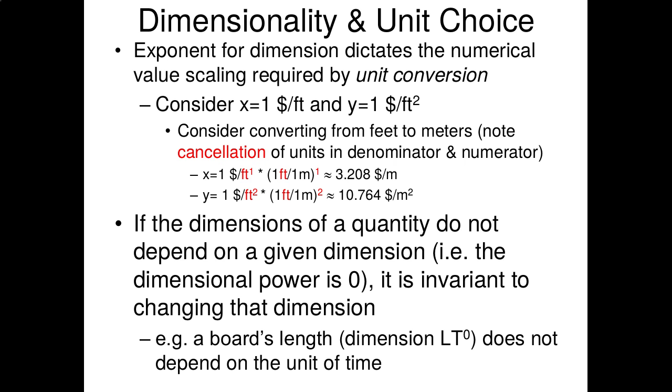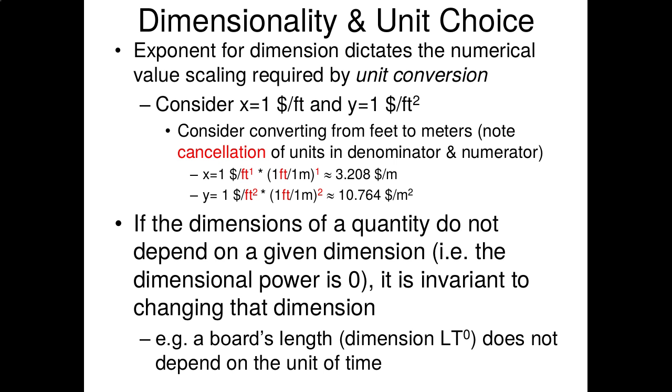This 2 up here, this 2 in the exponent, reflects the fact that this is associated with the square of that dimension. So the fact that we have a dimension here associated with this original quantity of money not per length but per length squared is what led to that square in the exponent.